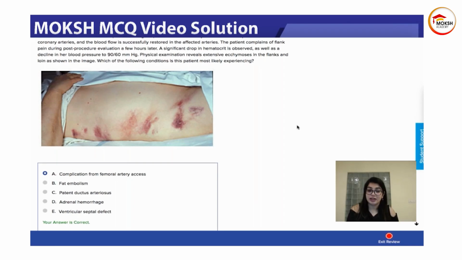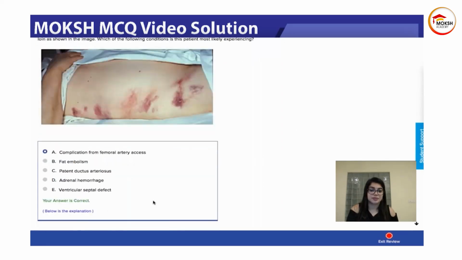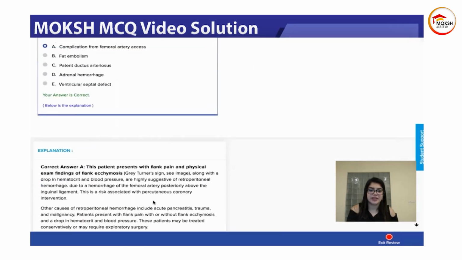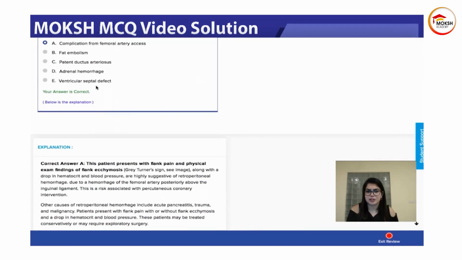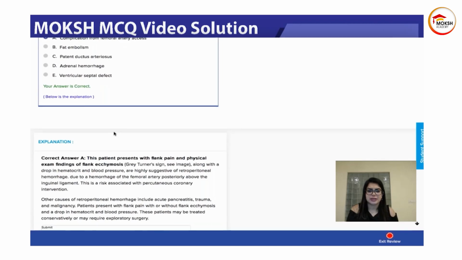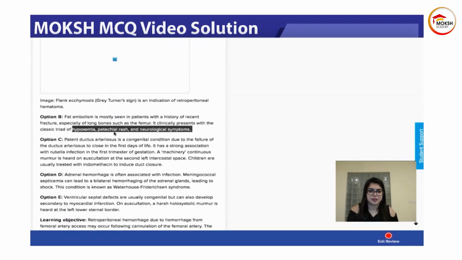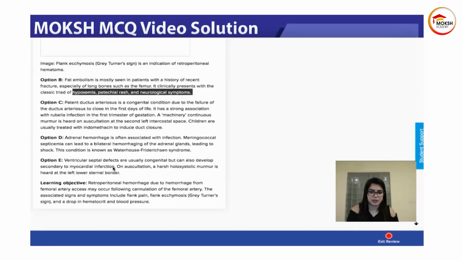Listeria. Listeria, and you would add ampicillin to vancomycin and ceftriaxone. Okay, so that is an important thing. Then VSD: you see VSD in tetralogy of Fallot, or you can see it post MI. Okay, so those are the important things.